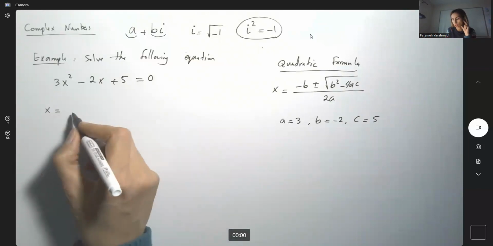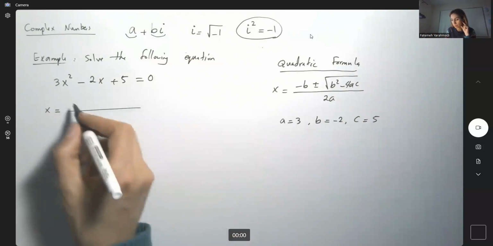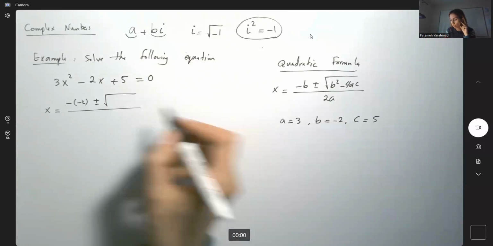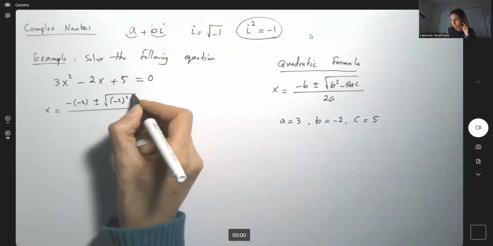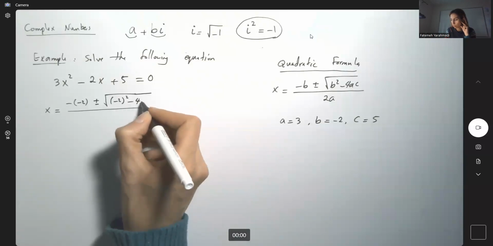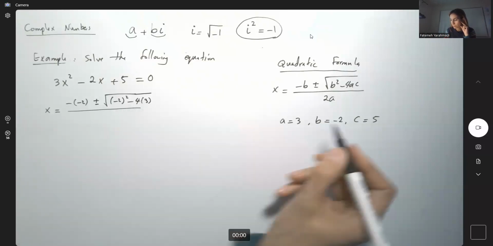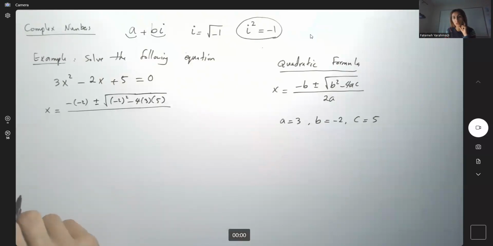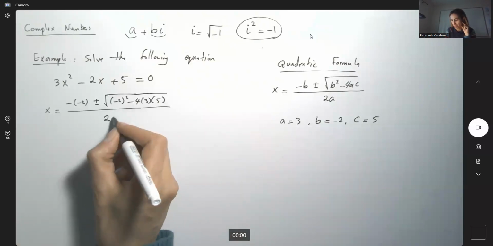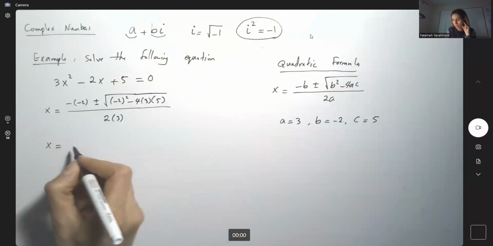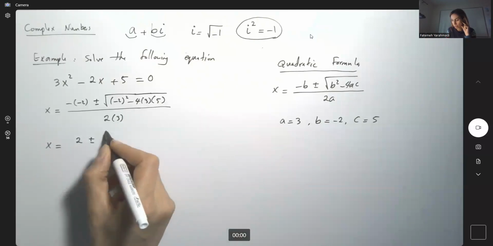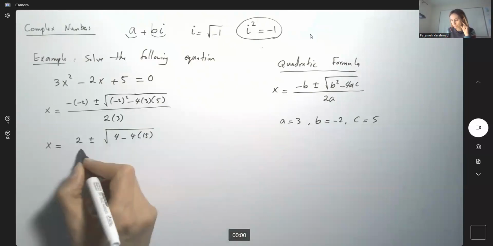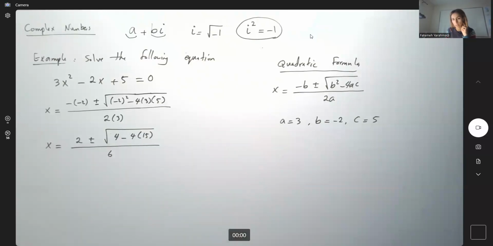Negative b, negative 2, plus or minus the square root of b squared, negative 2 to the second power, minus 4 times a, which is 3, times c, which is 5, divided by 2a, 2 times 3. So x is 2 plus or minus the square root of 4 minus 4 times 15, divided by 6.